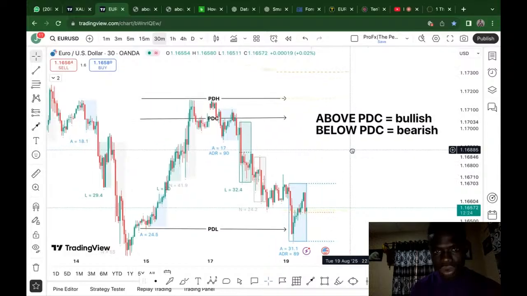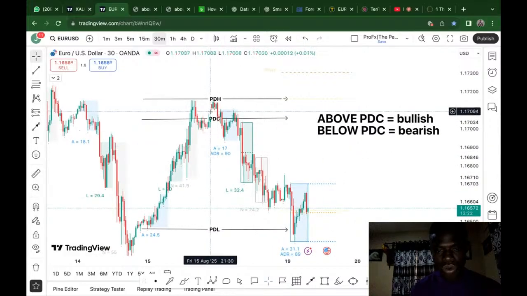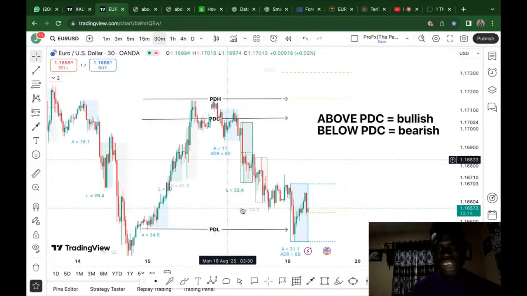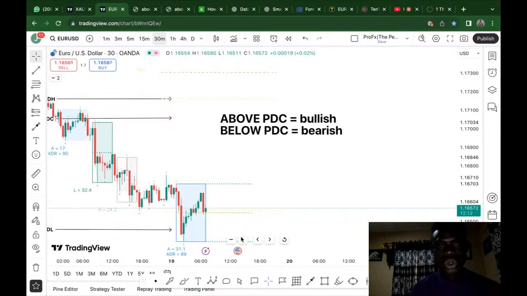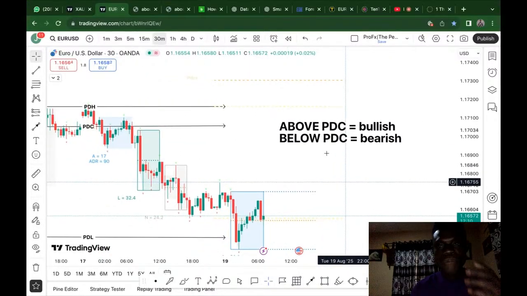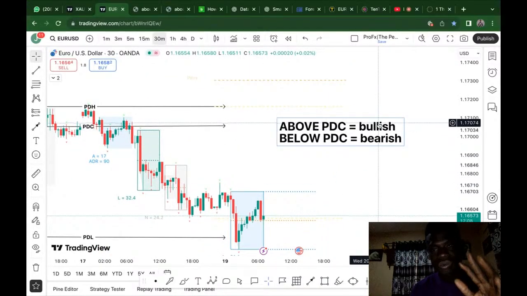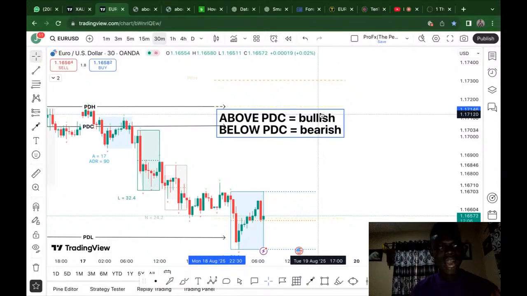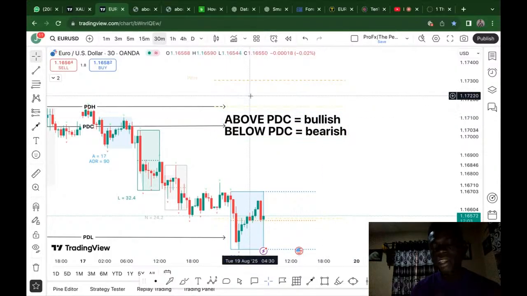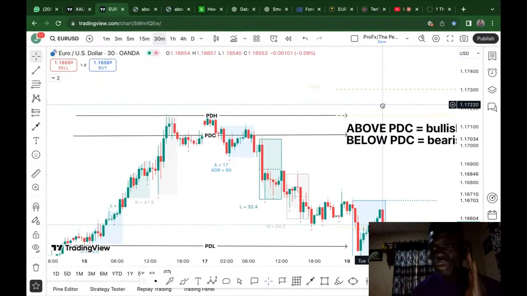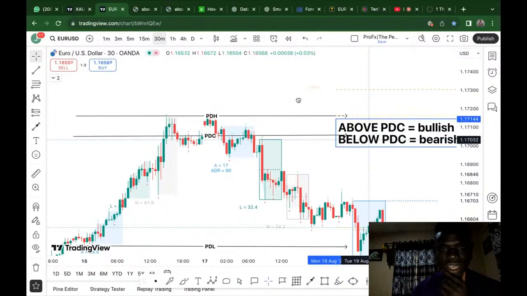For example, when market opened on Monday, price went above previous day close, but did not break structure to the upside. They didn't give us a new high. That's the only time that being above PDC will be a manipulation. Above PDC can be a manipulation if there is no break of structure, just like in yesterday's case.